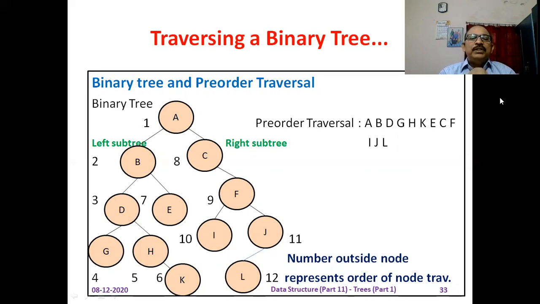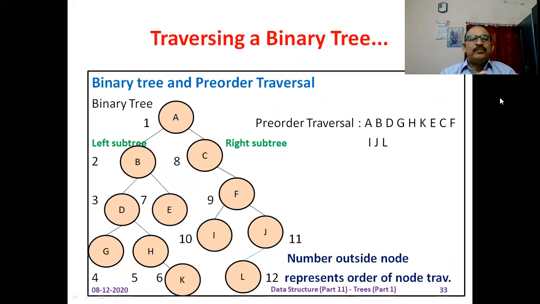Visiting the root means processing the root node, and suppose here we want to print the contents of the root node. Now A is printed on the screen. What is the next step? Traverse the left subtree, meaning we call the pre-order function again.